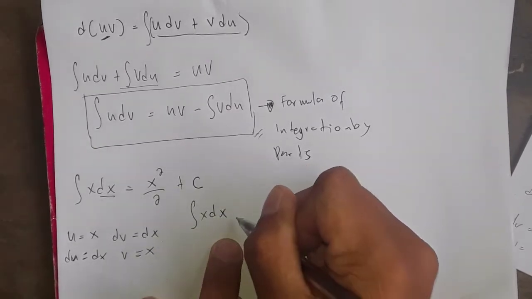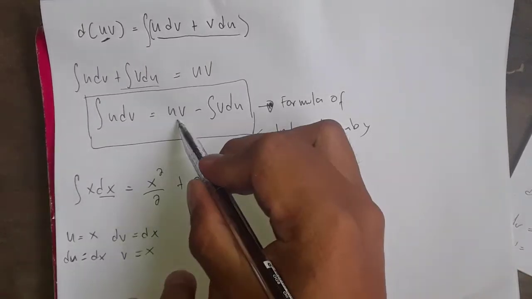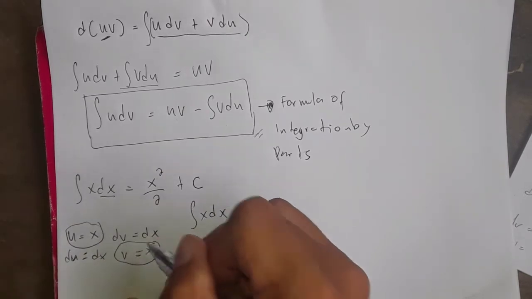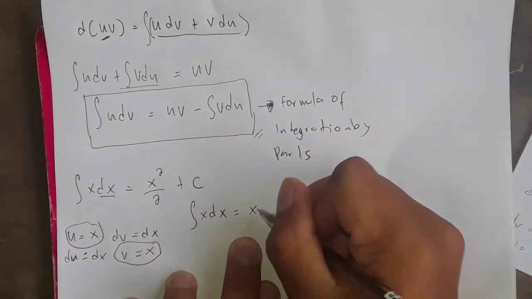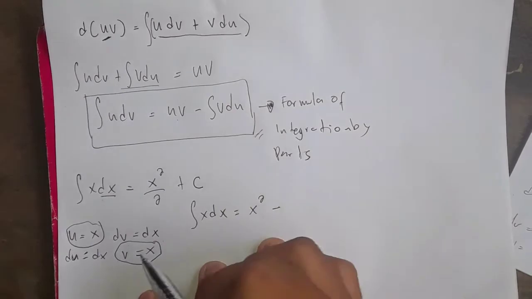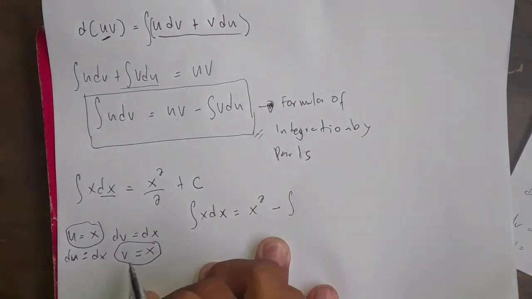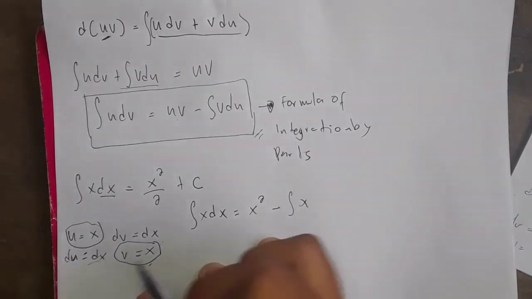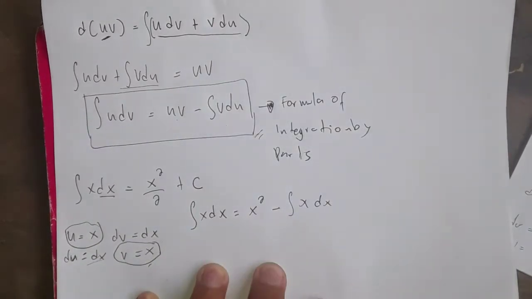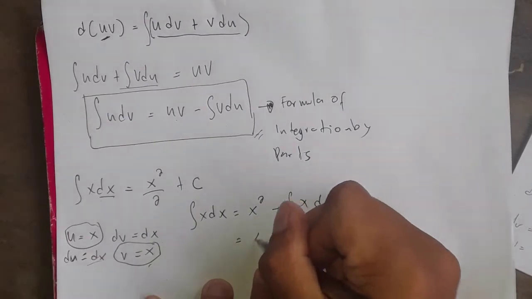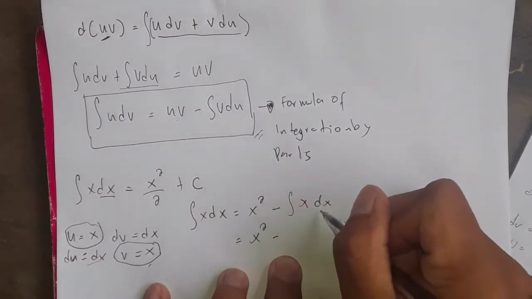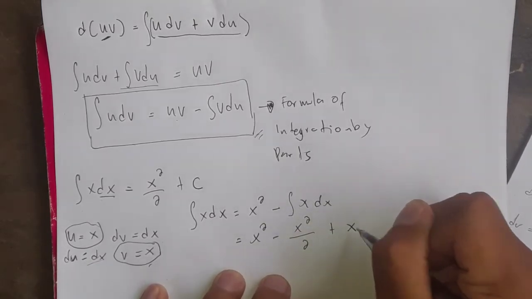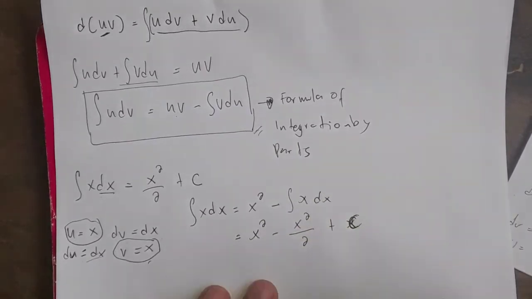So by integrating x dx using integration by parts, we have u times v, where our u is equal to x and our v is equal to x. Therefore, we have here x squared minus the integral of v du, where v is x and du is dx. In simplifying, we have x squared minus the integral of x dx, which is x squared over 2 plus an arbitrary constant c.